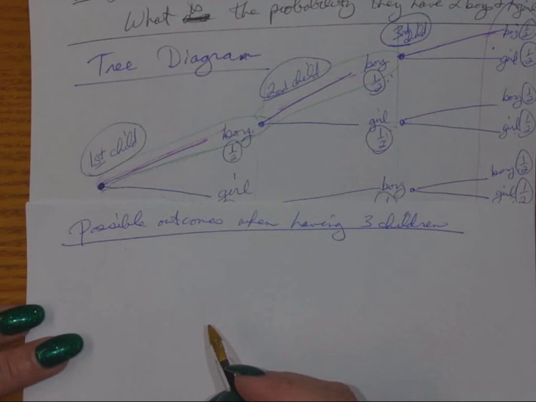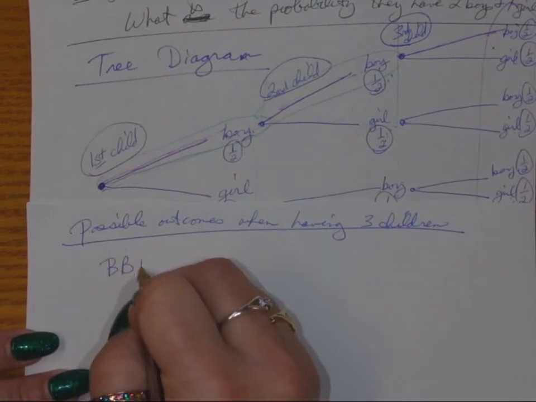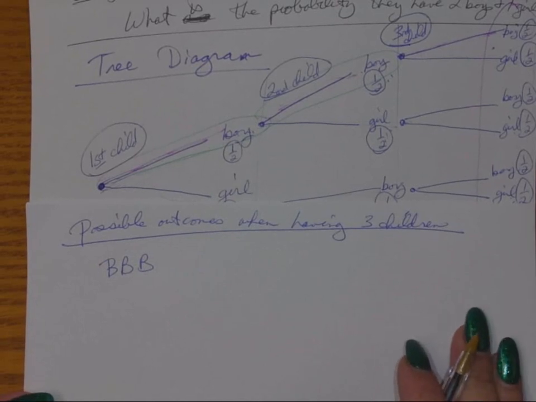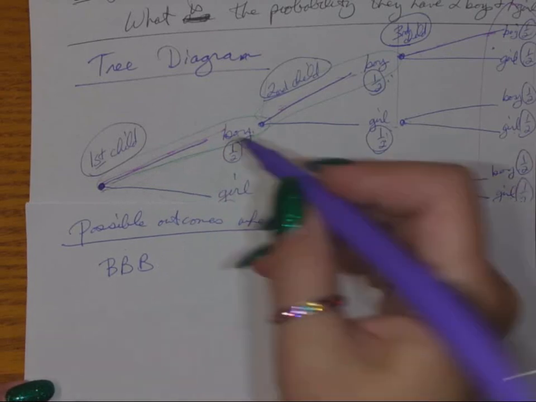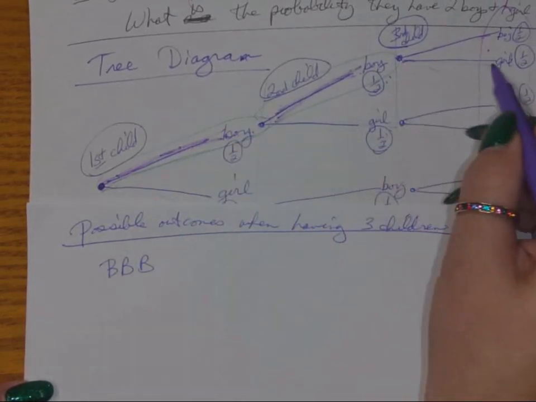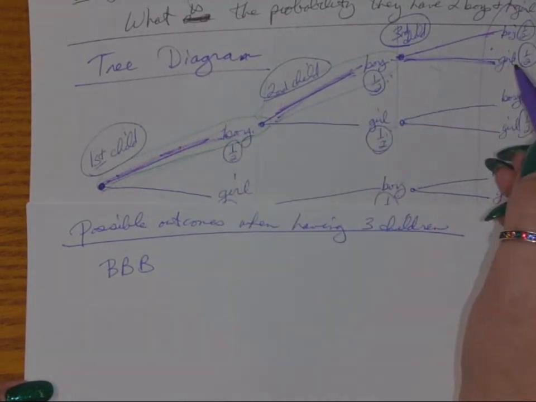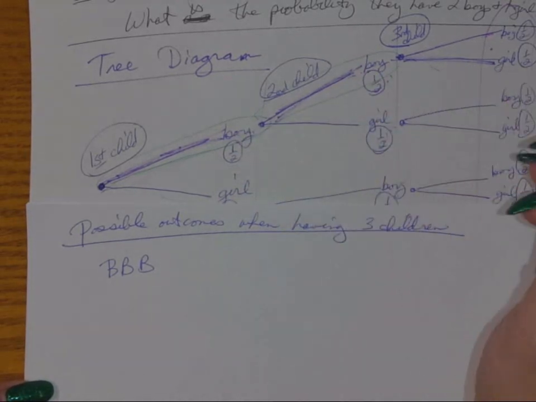And I'm going to start abbreviating here. I hope it makes sense to everybody. The outcome boy, boy, boy is going to be BBB, okay? And the second one here, first we have a boy, then we have a boy, then we have a girl. That's the second pathway. You see it? That's boy, boy, girl.